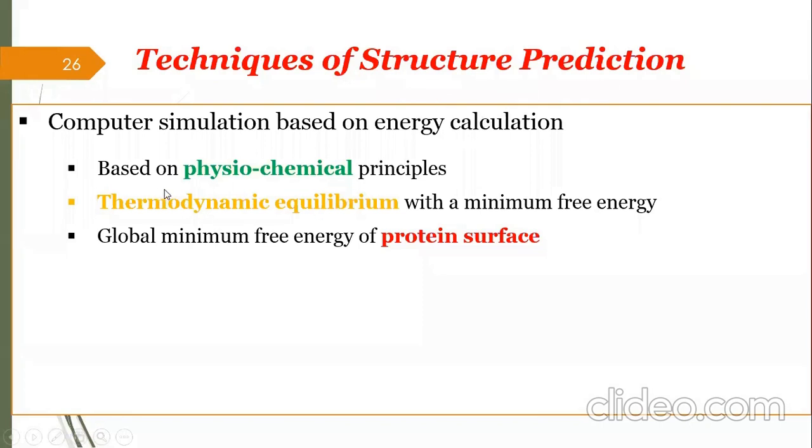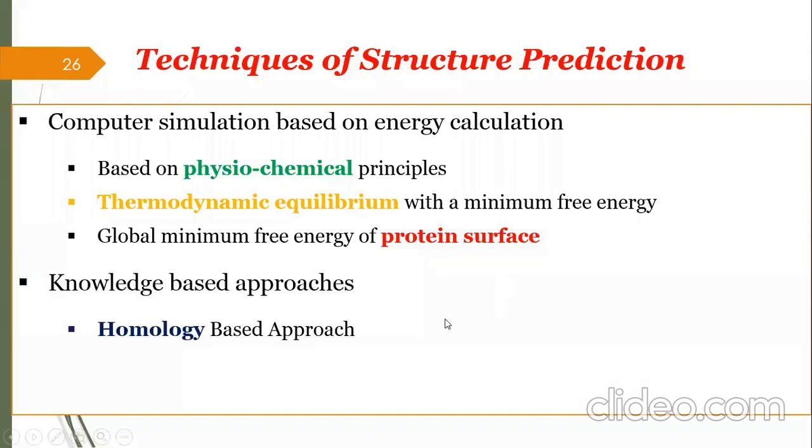Those may be physicochemical principles, thermodynamic equilibrium with minimum free energy. This is another technique: global minimum free energy of the protein surface. So these are computationally simulated procedures to predict structure through energy calculation.